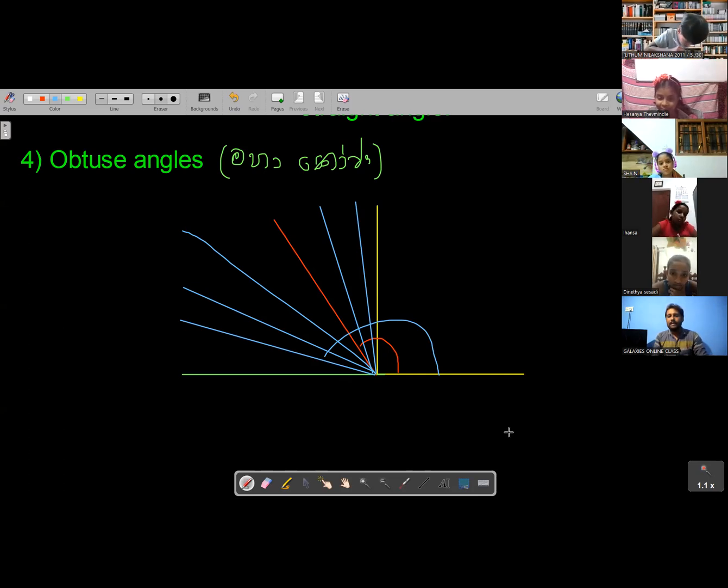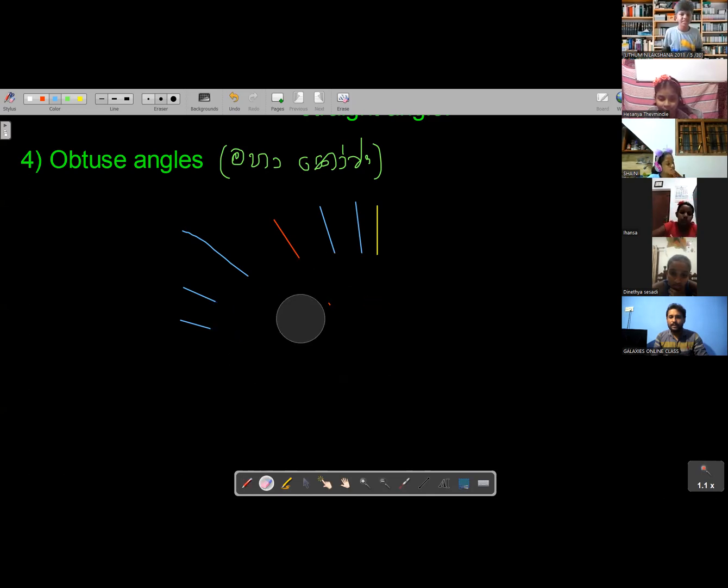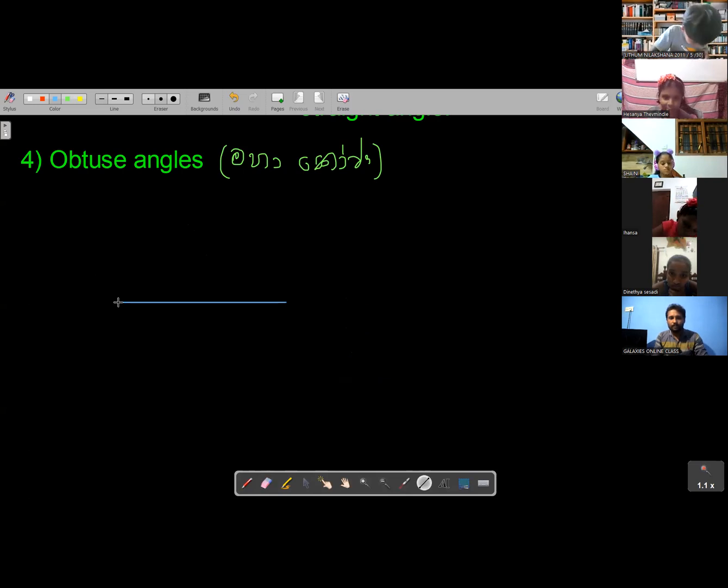Okay. Now you draw this figure in your book. Right. Now look at this magnitude. It is greater than the right angle, no, but less than a straight angle. Right.